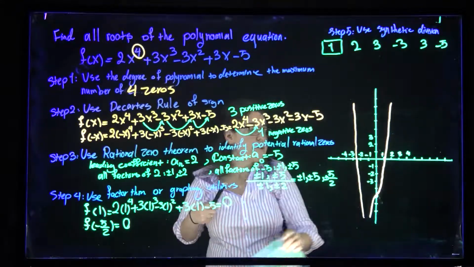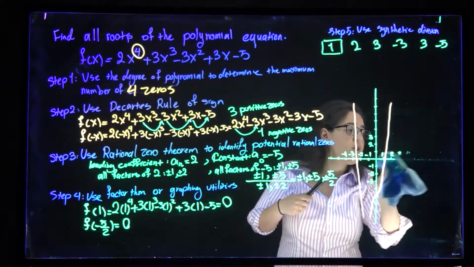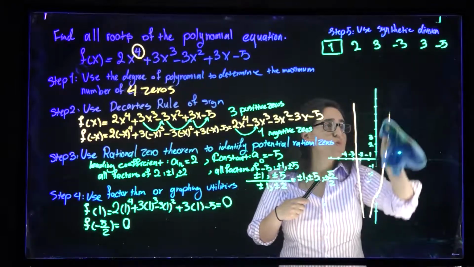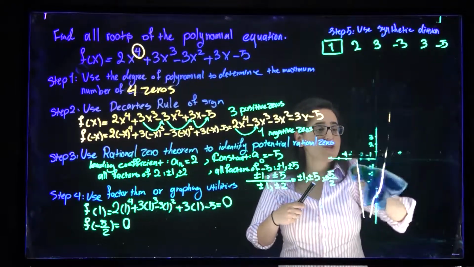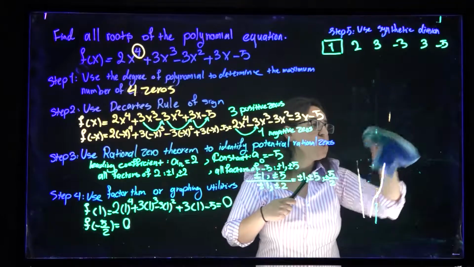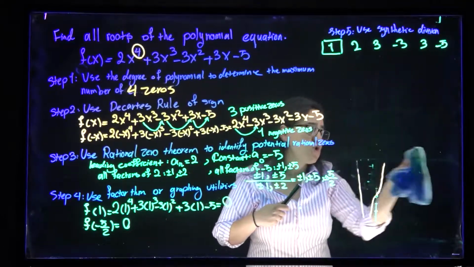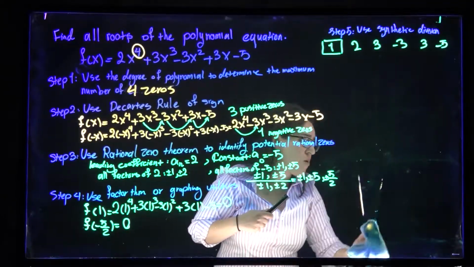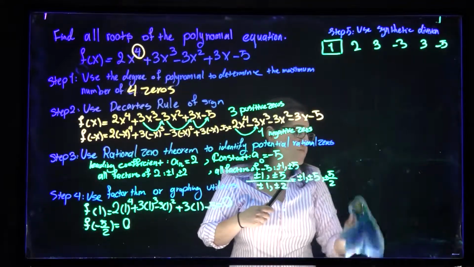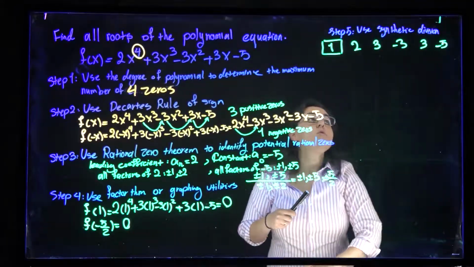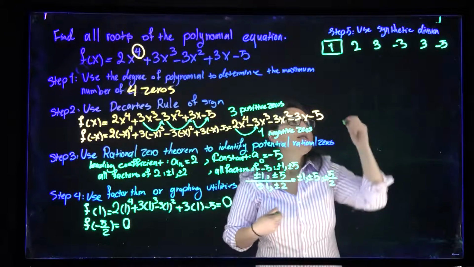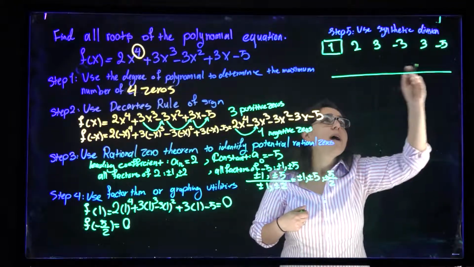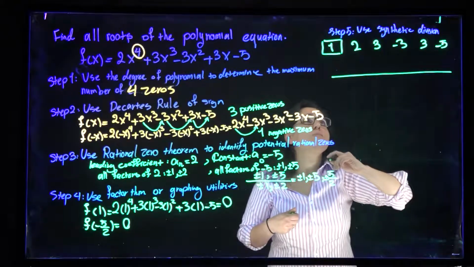So let me just raise my graph here so I have more room to write down the rest of this question. You can use a graphing calculator to graph your function to guess what those zeros are. But if I want to use synthetic division, I'm going to draw a line. I'm going to leave some room for myself.